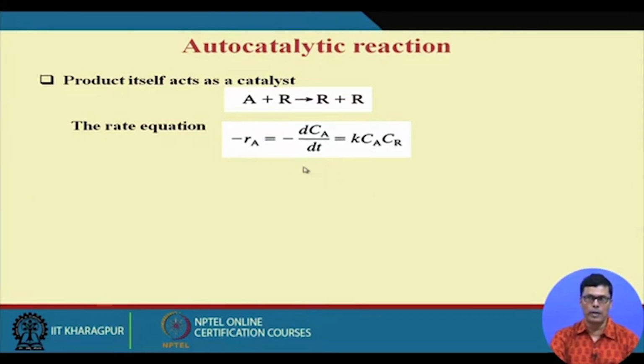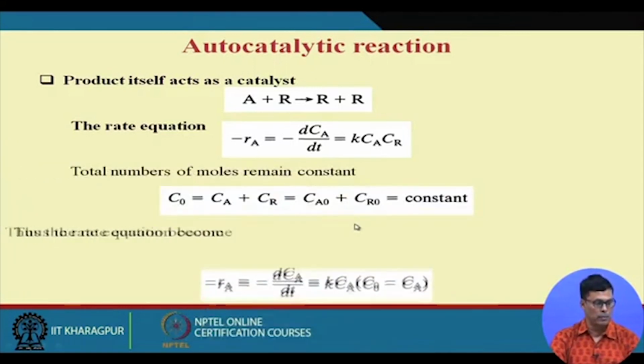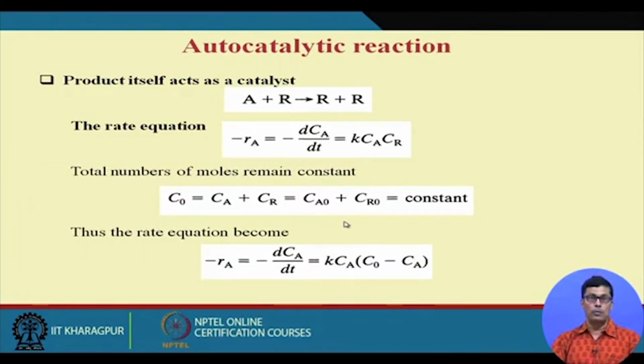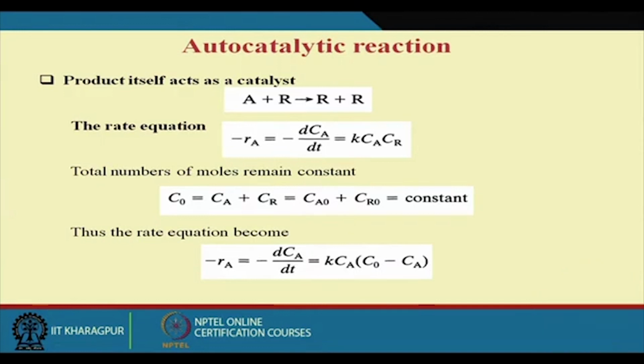In the microbial system it is largely applicable, particularly in the Baker's yeast fermentation process, where we use sugar for the formation of cell mass. Sugar is converted to cell mass, and the cell mass again utilizes the substrate and produces more cell mass. So this is a kind of autocatalytic reaction.